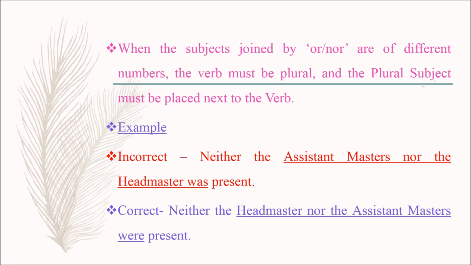Why? Because the headmaster and the assistant masters are two subjects joined by nor, so the verb must be plural and the plural subject must be placed next to the verb. So the correct sentence is: neither the headmaster nor the assistant masters were present.